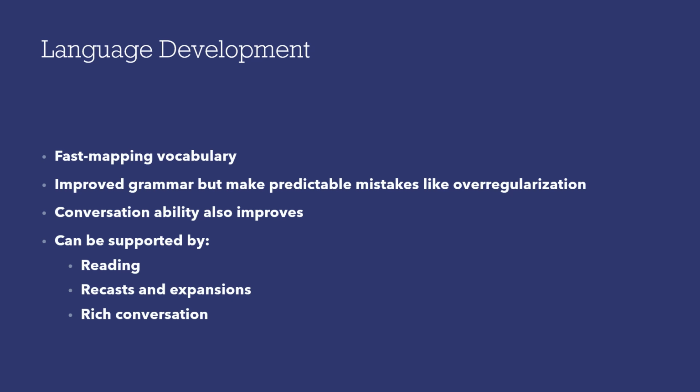The most straightforward example of fast mapping is if you've ever done Duolingo or any of those language apps where there are 4 pictures and you have one word and you have to pick the picture that matches the word. It's kind of like that, you're using context clues to figure out this word goes to this picture or this object. So they're very good at doing that, just intuitively. They don't necessarily have to be formally taught every single word. They're just picking it up through these more implicit methods.